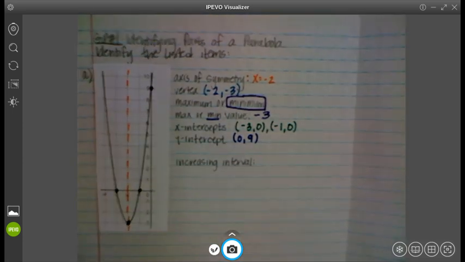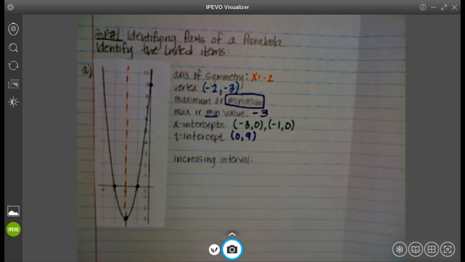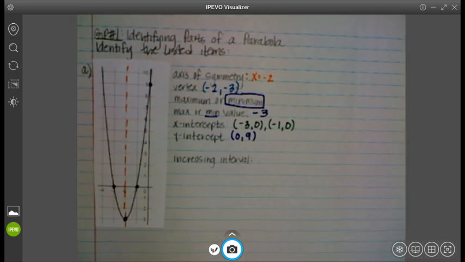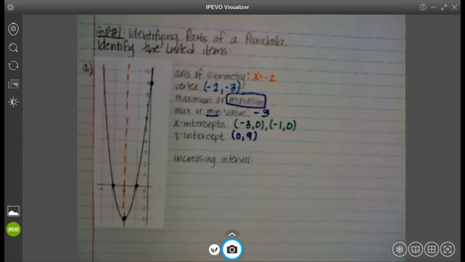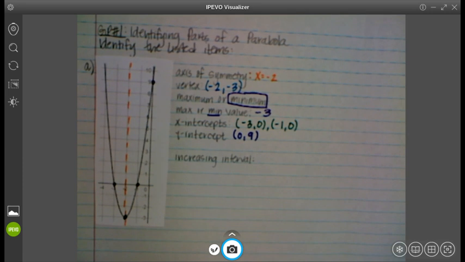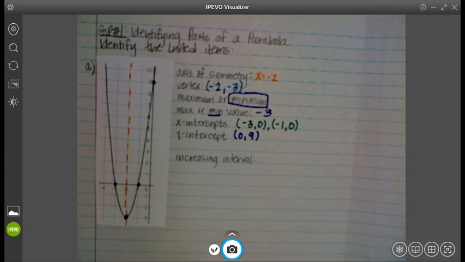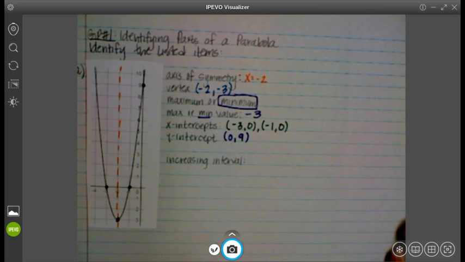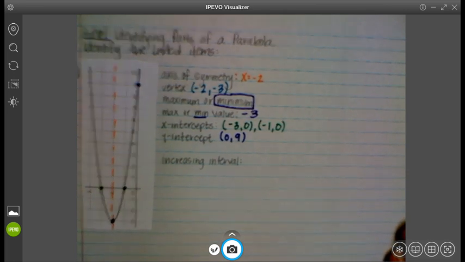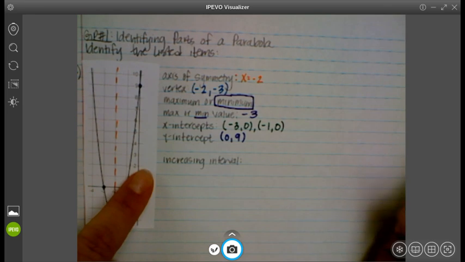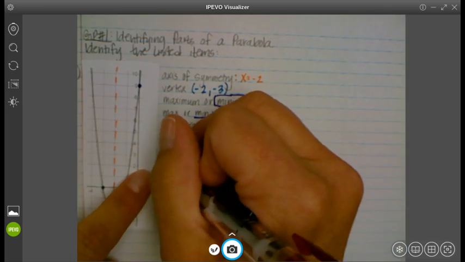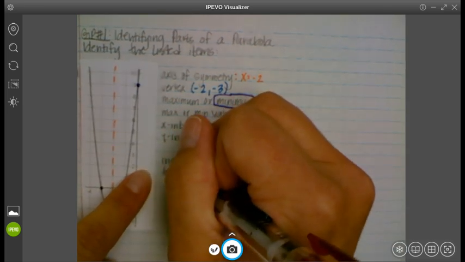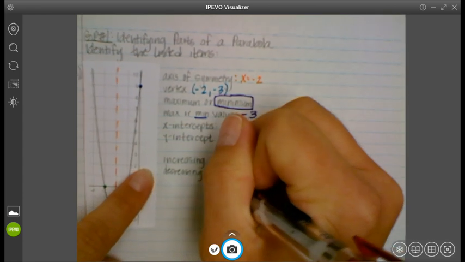However, this one's a little bit different because it asks for the increasing interval. And the interval is the piece of the graph that is actually increasing. Now with a line, either the whole thing is increasing or the whole thing is decreasing. But now that we have this parabola-shaped graph, this U-shaped graph, that's not the case. So we're actually going to talk about the increasing interval and the decreasing interval.